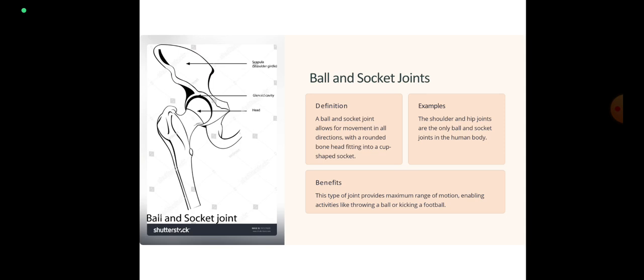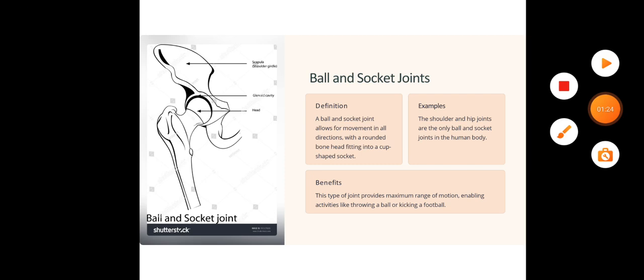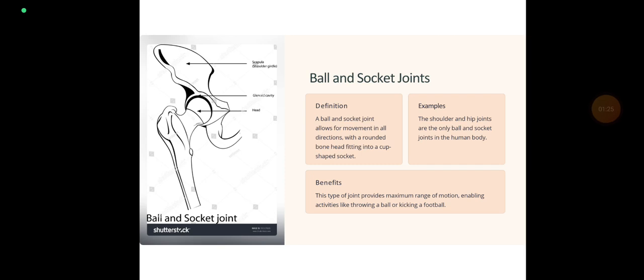First is the ball and socket joint. The definition of a ball and socket joint: it allows movement in all directions, with a rounded bone head fitting into a cup-shaped socket.